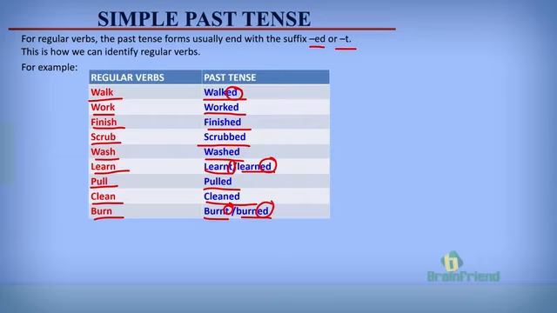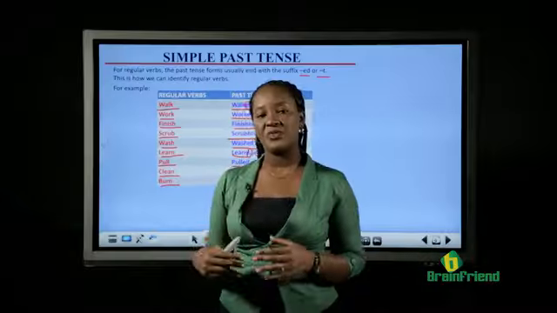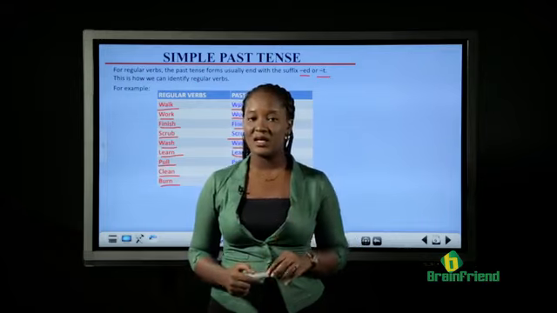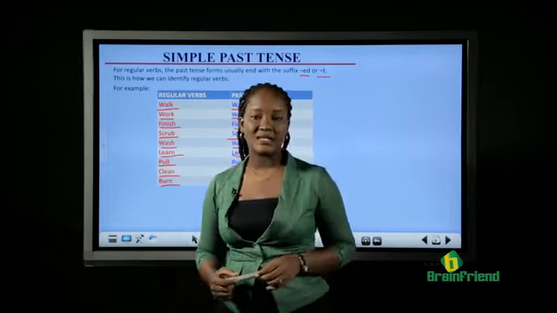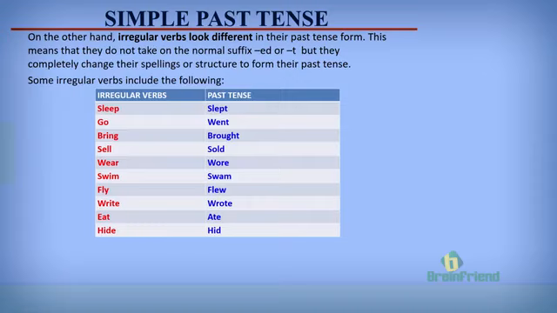So these are regular verbs because they end with the suffix ed or t in their past tense forms. Any verb that takes ed or t in its past tense form can be identified as a regular verb. On the other hand, irregular verbs look different in their past tense form.